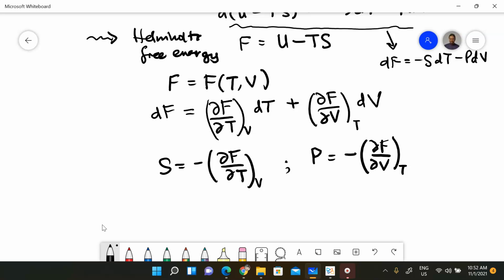Now if F is an analytic function of T and V, one would also require certain conditions.